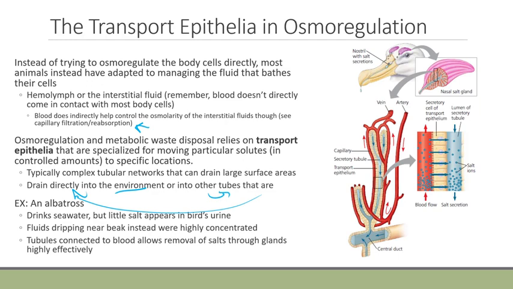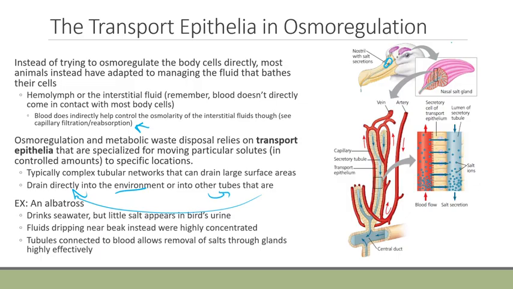We'll talk a lot about this in the next video with the kidneys, but to look at it in something like an albatross, like we see over here, albatross and some other marine birds and some marine reptiles as well have things like these salt glands, or salt secretive glands, right by the beaks that you'll see.